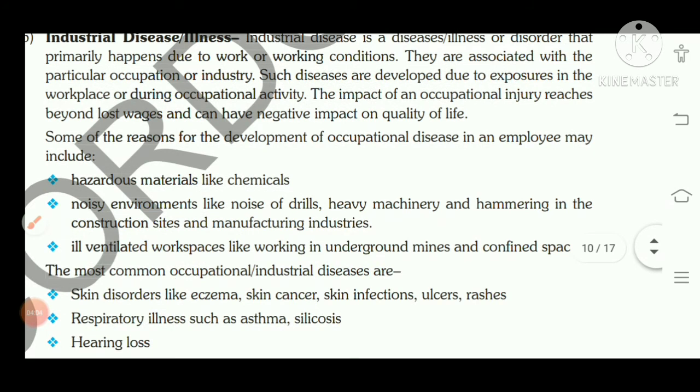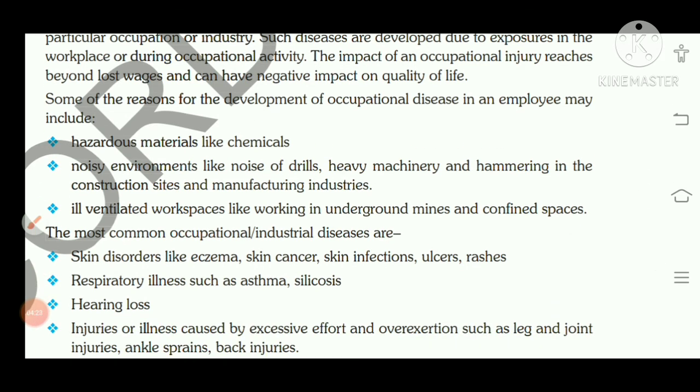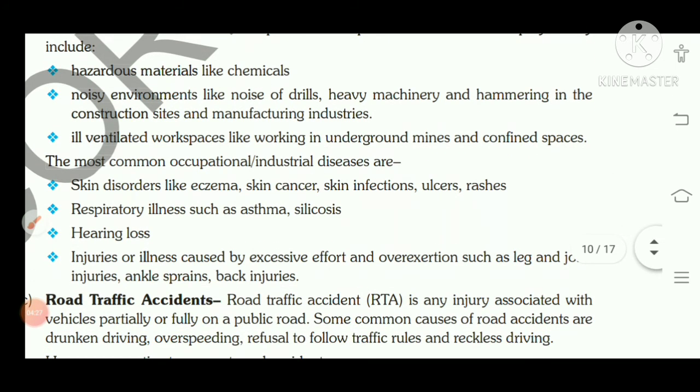Some examples: if you are working in a chemical factory and using hazardous materials, you will get certain diseases. Noise environment, like the noise of drills and heavy machines, as you have seen in mining, causes certain problems. Ill-ventilated workspaces, like working in mines or confined spaces, cause certain problems.